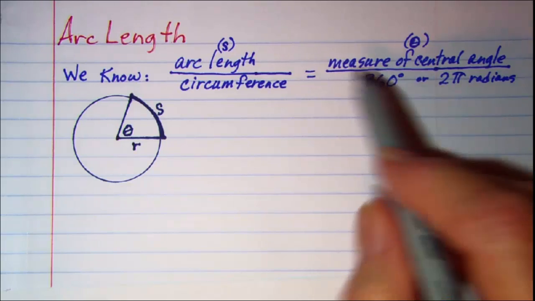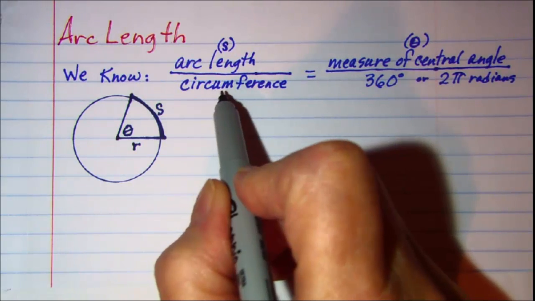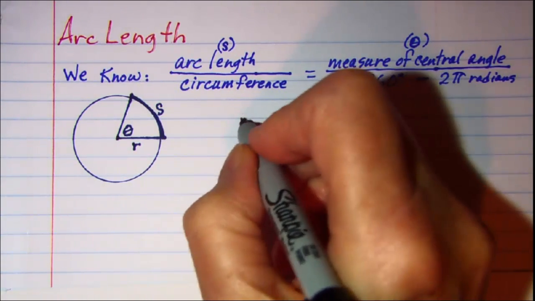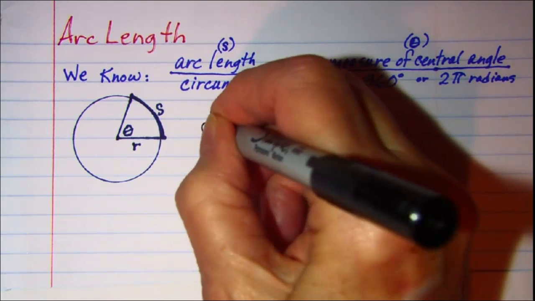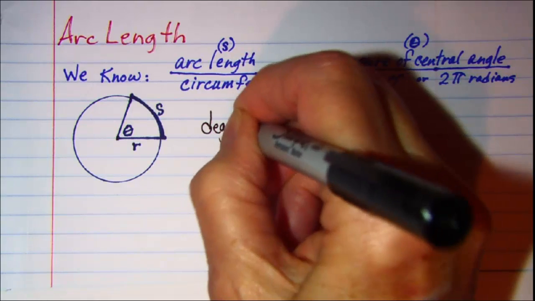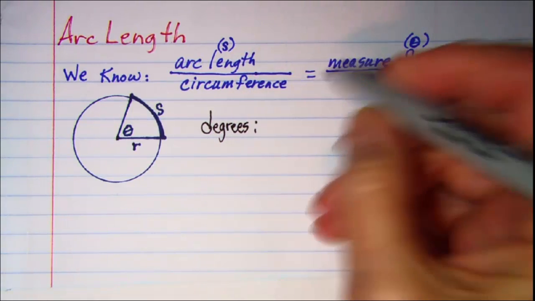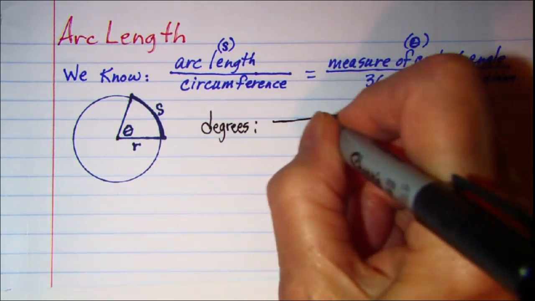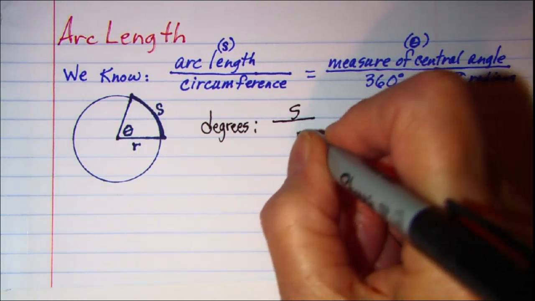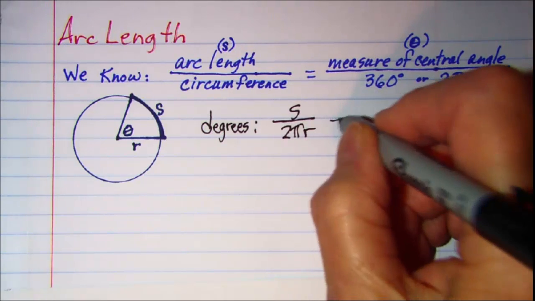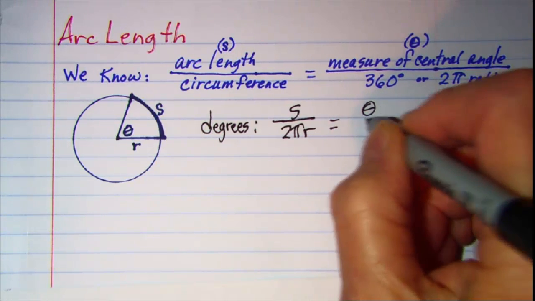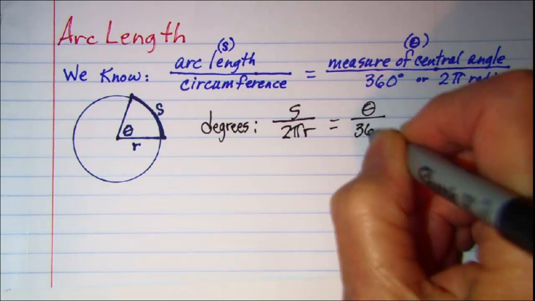So I can use my formula for circumference of a circle, and if we're dealing with degrees, we can get the formula S is to 2 pi r, as theta is to 360.